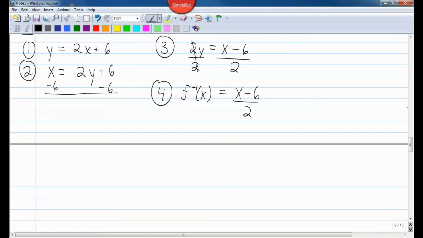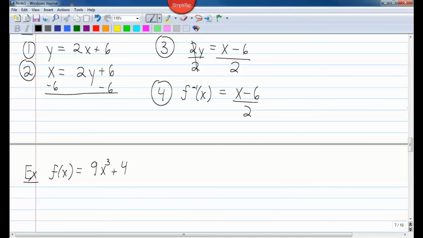Alright. Let's say I had the same directions. Find the inverse. f of x equals, let's say, 9x cubed plus 4.